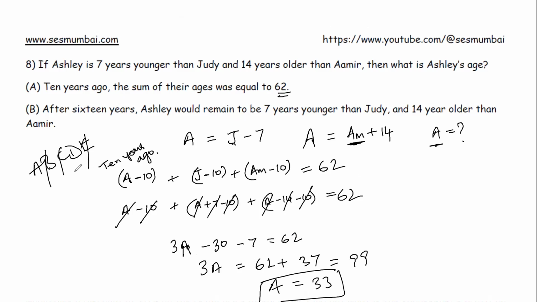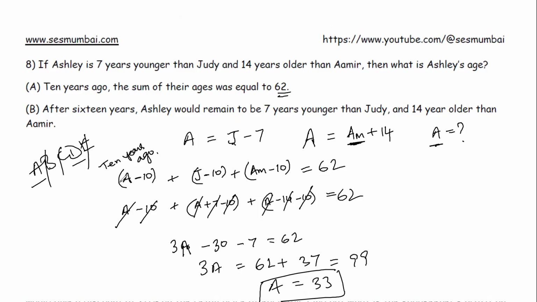So B, C, and E are out. So we can now see if statement B gives us the answer. After 16 years, Ashley would remain 7 years younger than Judy and 14 years older than Amir. Now, it seems confusing, but it's very simple. Take for example, if you have a brother or sister, and there's an age gap of 10 years between the two of you.